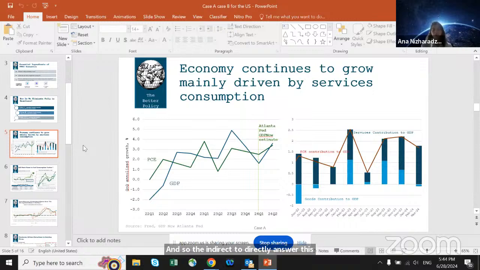And if we look at the dynamics of real personal consumption expenditure, we realize that after 2021, people just started spending their money. And on the right-hand side, we see this consumption, and we see that service consumption contributes the most, which remains solid, and it's kind of rational, to be honest, in the case of the US, and not only in the case of the US, but also if we see dynamics of various other countries.